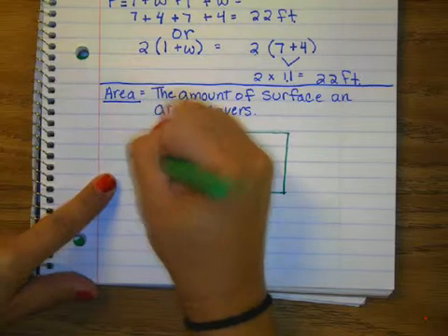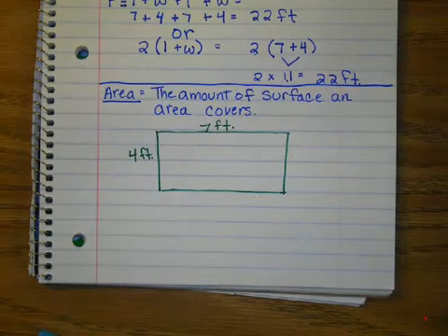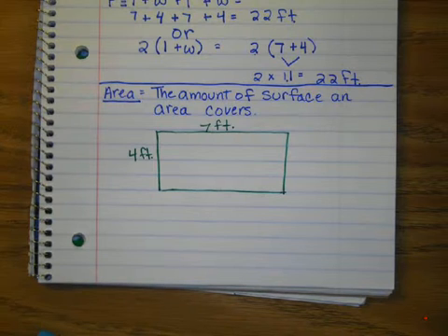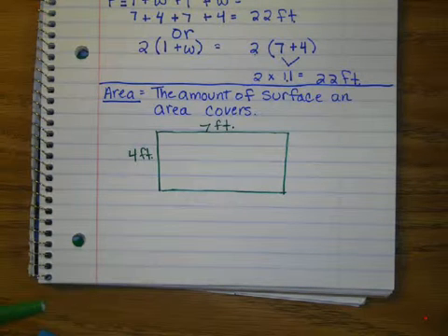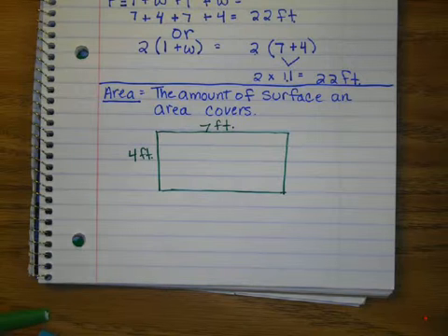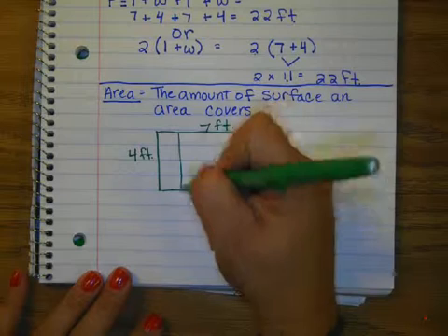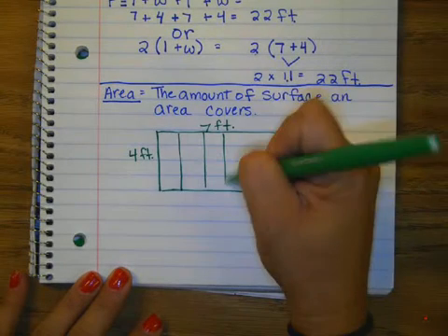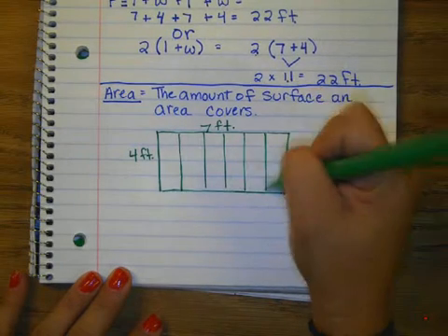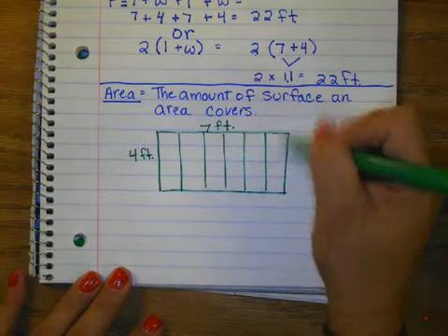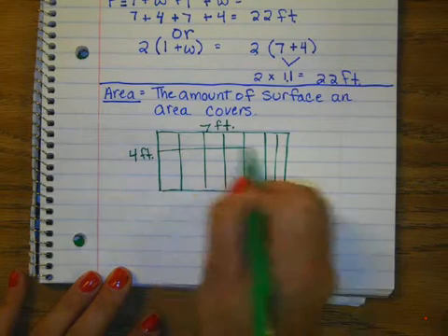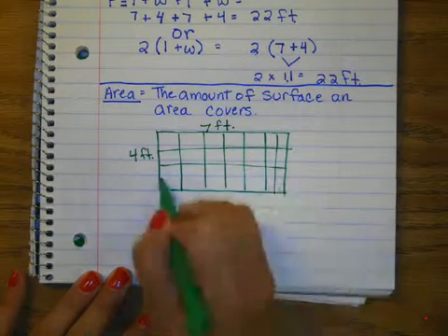When I went to Home Depot, they told me they sell grass by 1 square foot. So I need to figure out how many squares of grass to buy. So we're thinking about area as in like these squares of grass, right?